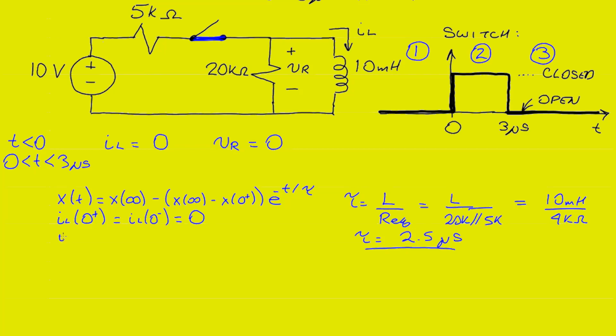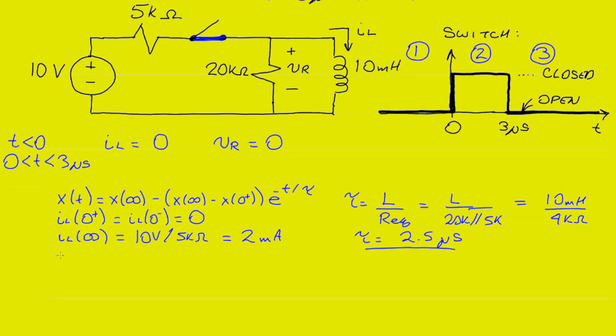On the other hand, if the switch has been closed a long time, then IL will eventually settle down to some DC or constant value, and here the inductor will be a short circuit, and you can see now the current through the inductor will be the same as the current through the 5 kilo ohm resistor, because no current will flow through the 20 kilo ohm resistor because there's a short circuit across it, and so the current there will be simply given by 10 volts divided by 5 kilo ohms, which is 2 milliamps.